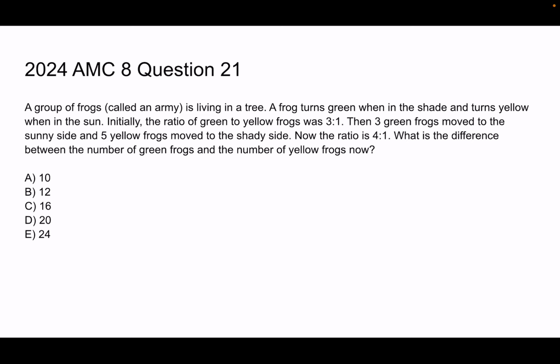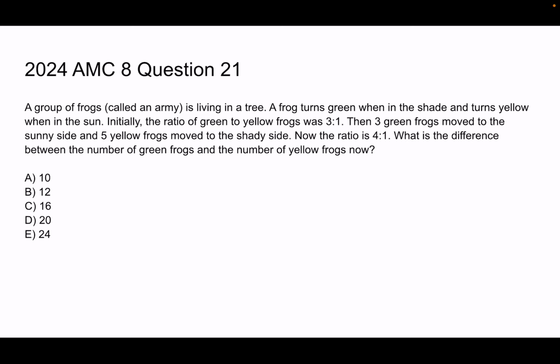A group of frogs called an army is living in a tree. A frog turns green when in the shade and turns yellow when in the sun. Very, very special frogs. Initially, the ratio of green to yellow frogs was 3 to 1. Then 3 frogs moved to the sunny side and 5 yellow frogs moved to the shady side.